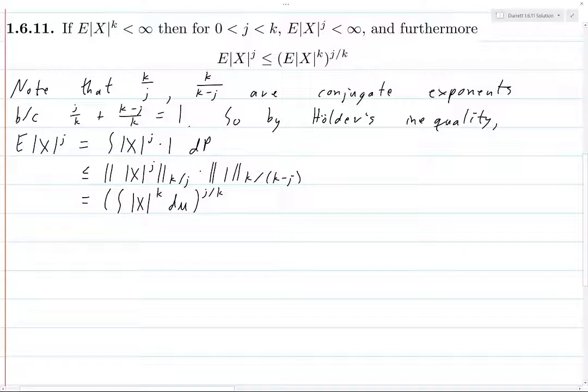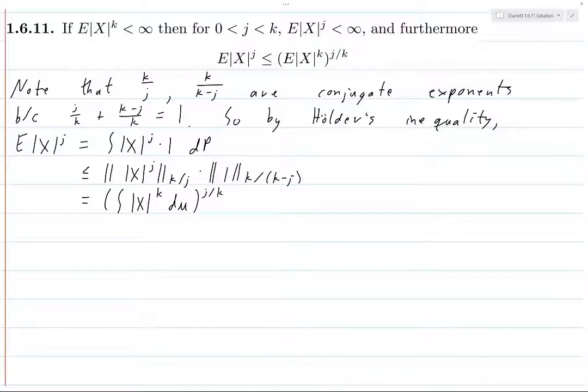And now for the second one, we're going to do the integral of 1 to the power of k minus j over k. Well, you're just raising 1 to a power, and of course this exponent is non-zero. Even if it were 0, it would still be 1. You don't really have to worry about it.